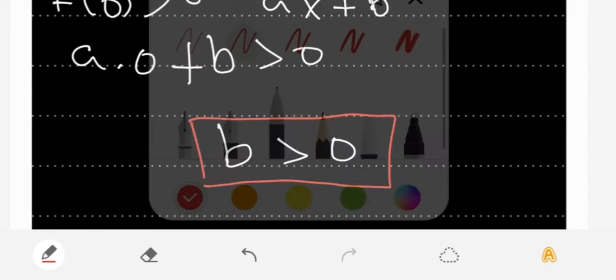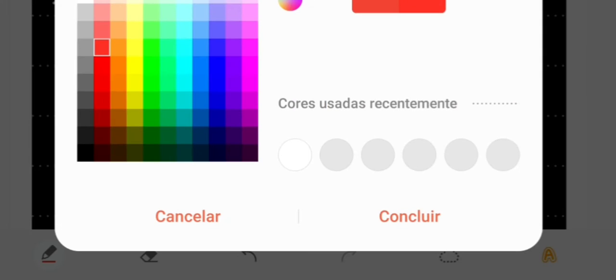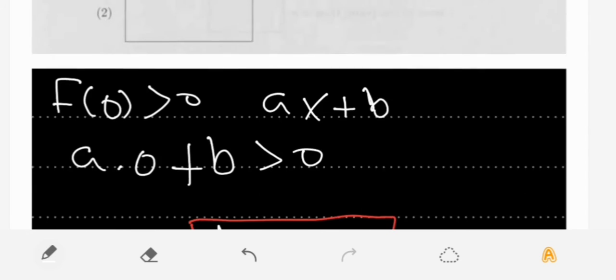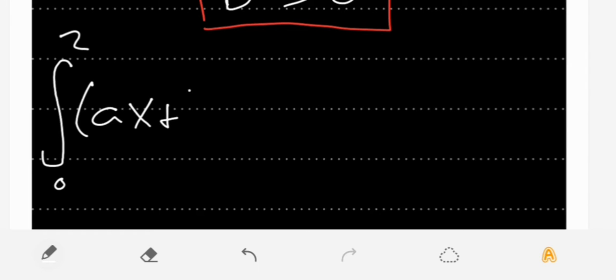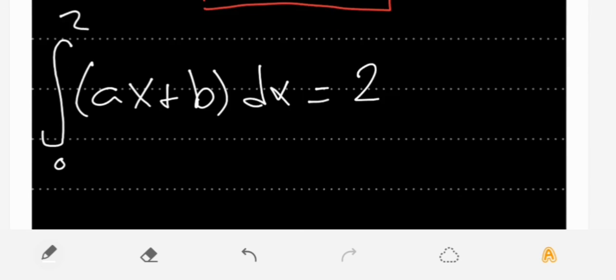And why are we going to use it? Well, let's see. So the second is the integral. Let's use the second condition. The integral from 0 to 2 of f of x, which is ax plus b, dx is equal to 2.